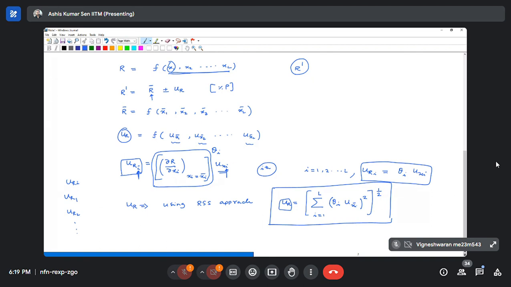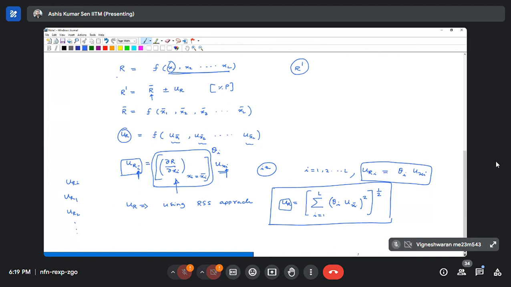So this is one approach. The second approach, I will talk about another approach and then I will take an example so it will be clear. One of the limitations of this approach is that here you have to know the functional relationship of R and X. Let's say you do not know the functional relationship, or you are not able to evaluate the gradient, then this method will not work.